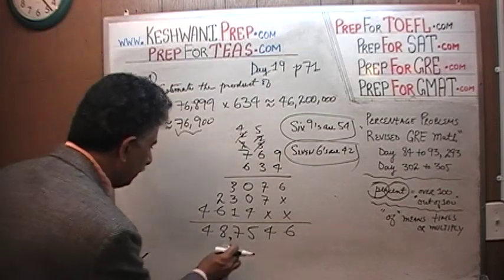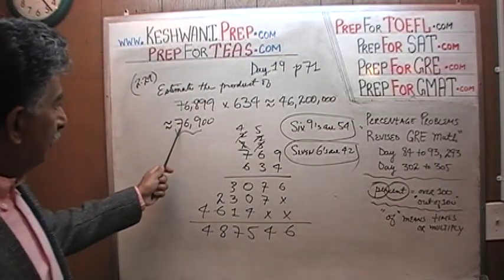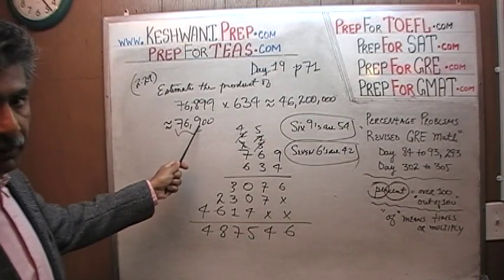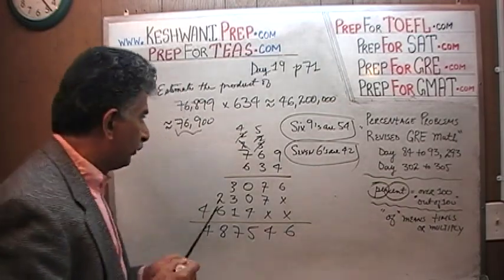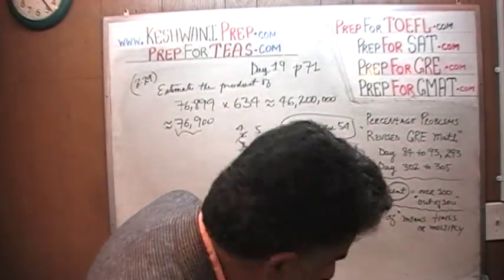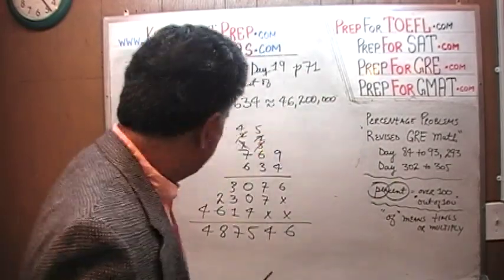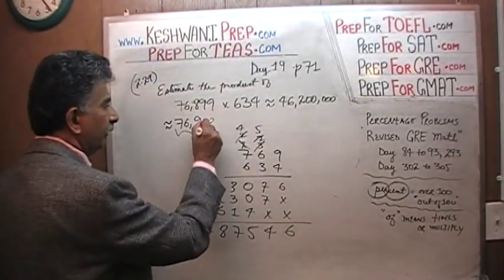We're not quite done. I'll tell you why. Here's what comes in. We took this actual number that is 76,900. We left out the 2 zeros. I'm going to put them in a different color so you can see what's going on here. There were 2 zeros here, this 0 and that 0.